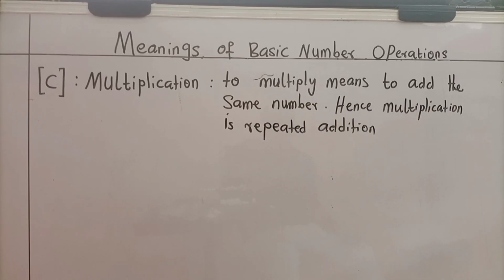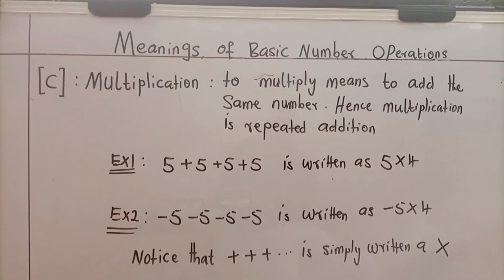Let us use a simple example to illustrate this so that we can clearly grasp the concept of multiplication. Let's use 2 examples instead. Look at the first example, 5 plus 5 plus 5 plus 5. For convenience, it is written just as 5 times 4.